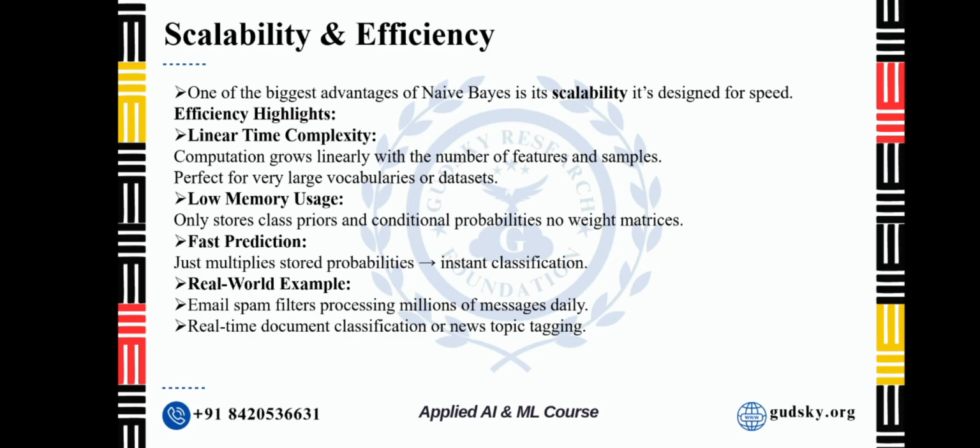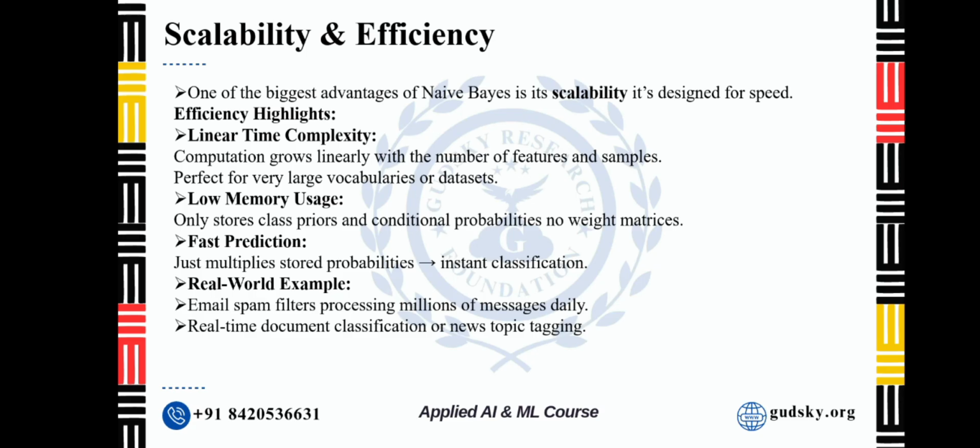It doesn't store big matrices or weight vectors, only class priors and conditional probabilities. Instant prediction means once trained, classification just involves a few multiplications, so predictions are nearly instantaneous. For real world examples, email spam filters analyzing millions of emails daily, real time news categorization, or content tagging systems, because it's both fast and lightweight.